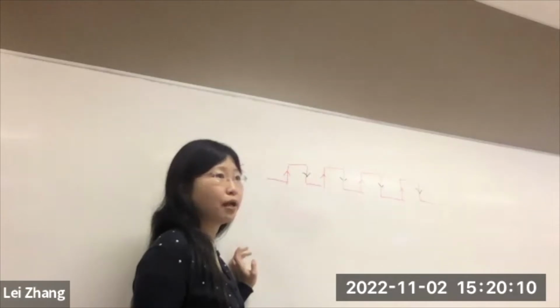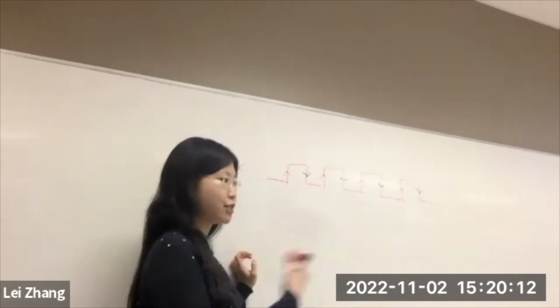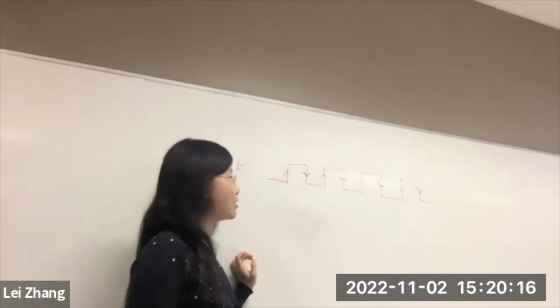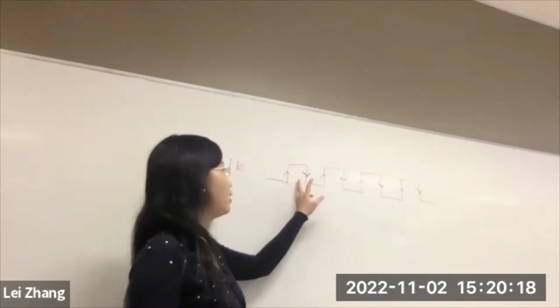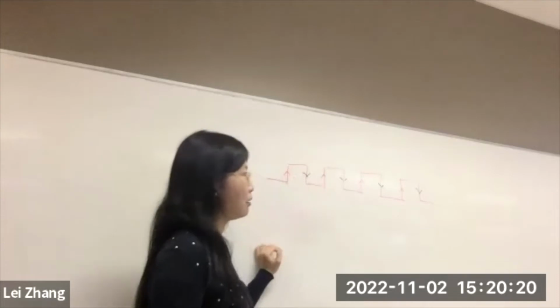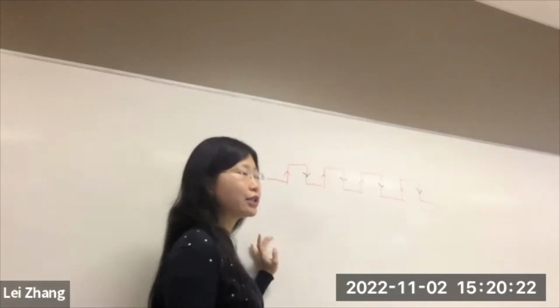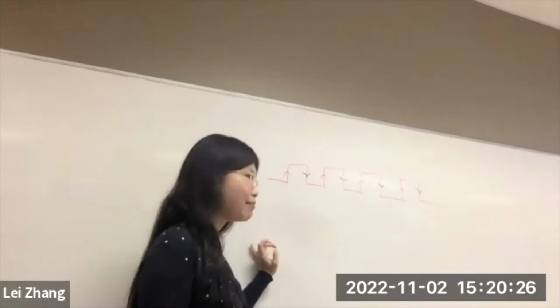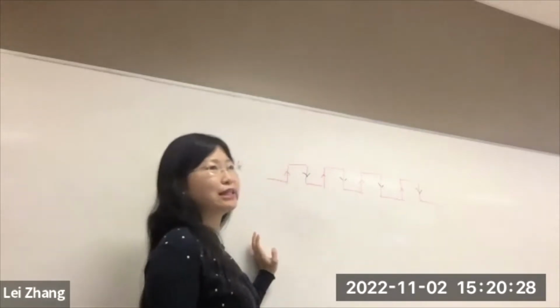For the transmitter and receiver data, I want it to be faster. That's why I use both edges, but it can generate a tighter timing requirement for your system.